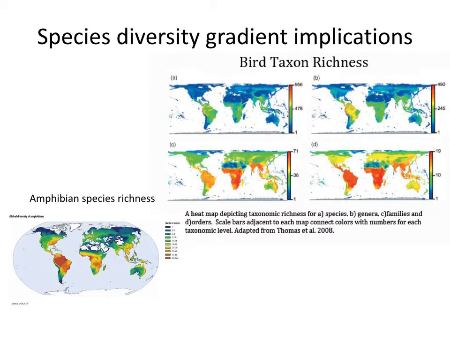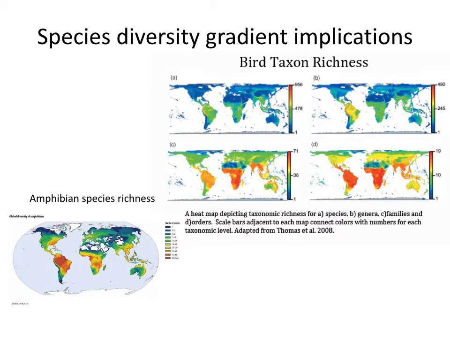Basically, these maps demonstrate what's called the species diversity gradient, which is essentially an ecological theory that says that the further you get away from the equator, the lower the species diversity is, and that theory holds within taxonomic categories.